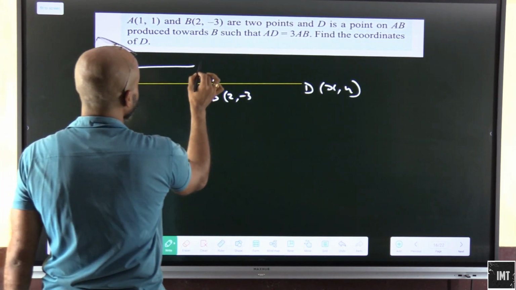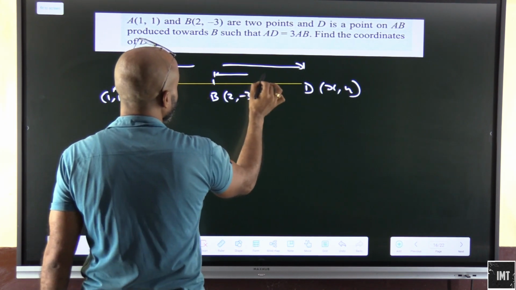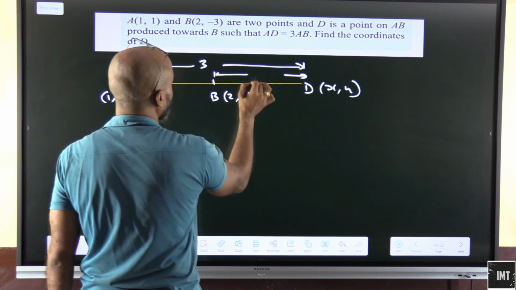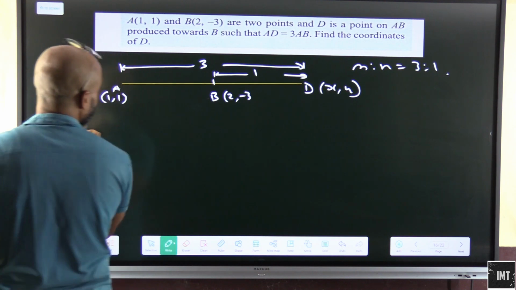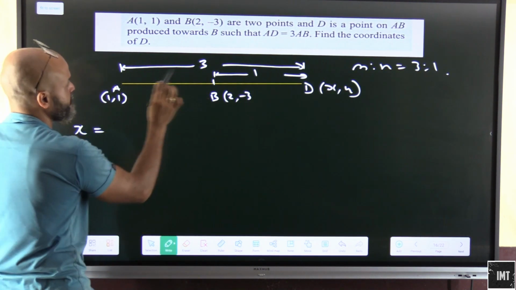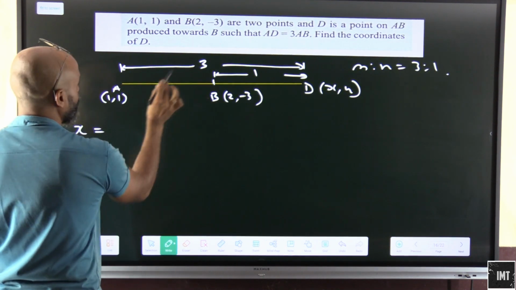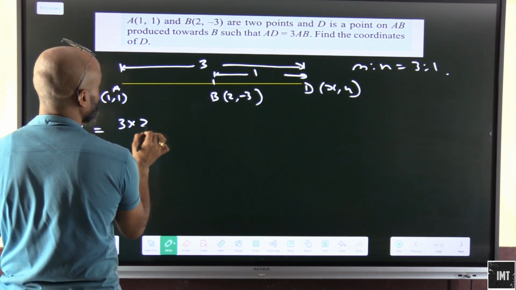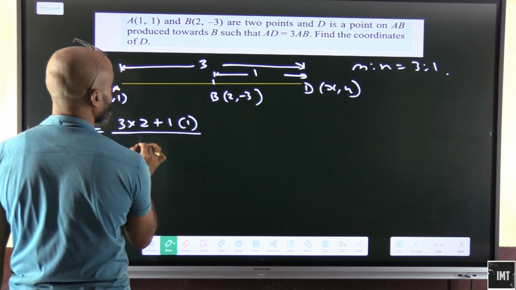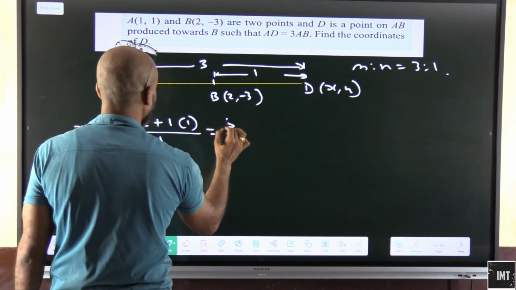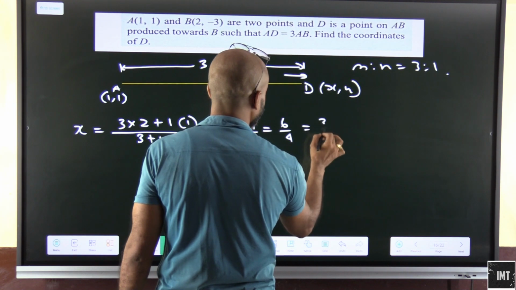AD is thrice of AB, so we can put this as 3:1. So here m is to n will be equal to 3:1. Very comfortably we can find out x, that will be 3 into 2 minus 1 into 1 upon 3 minus 1, so that will be 5 upon 2 or, that's 6 upon 4, that is 3 by 2.